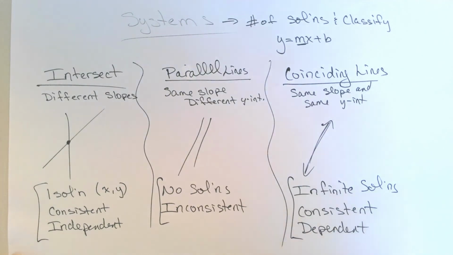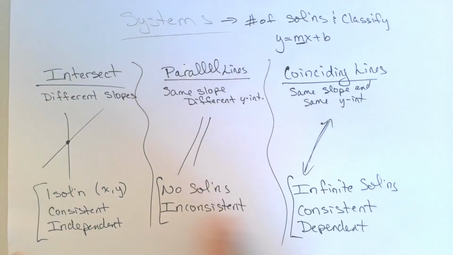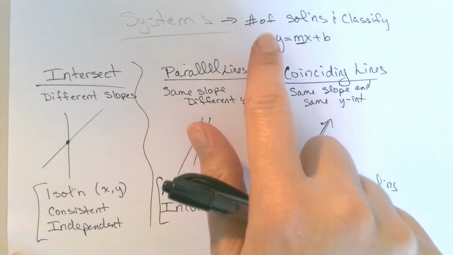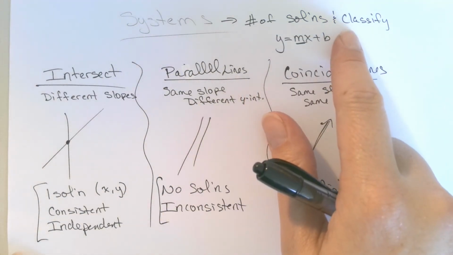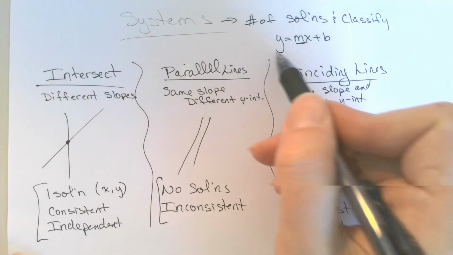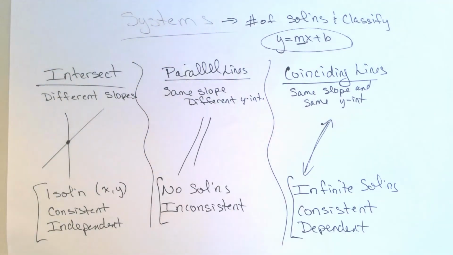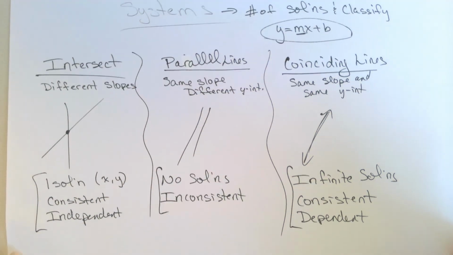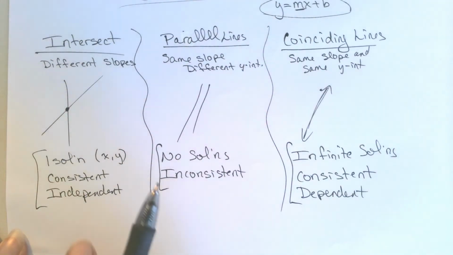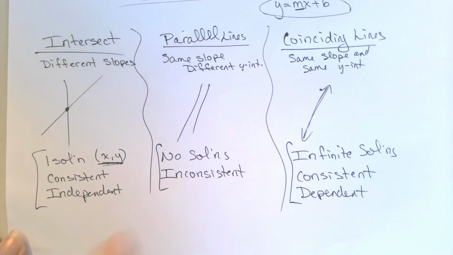Whether I am talking about looking at graphs, this is what happens. If I'm just asking to find the number of solutions and classify without solving, it's a time saver. Solve everything for y equals mx plus b, and let's then compare what would happen. If you were using substitution or elimination method, I would get one solution because I got an x and a y.